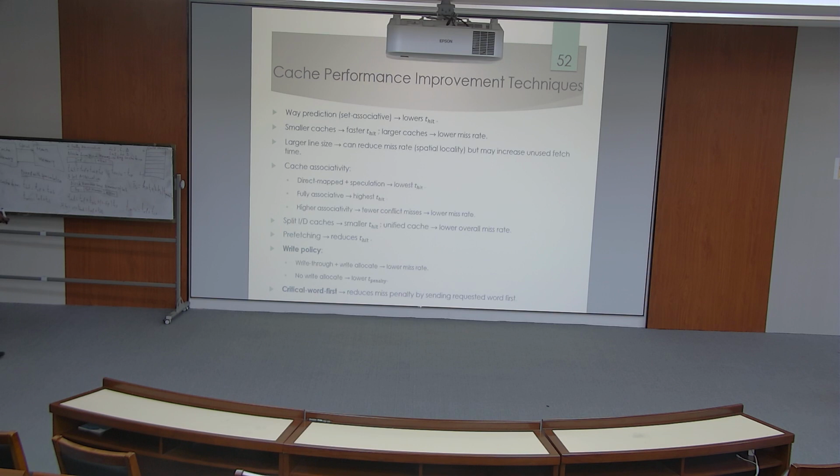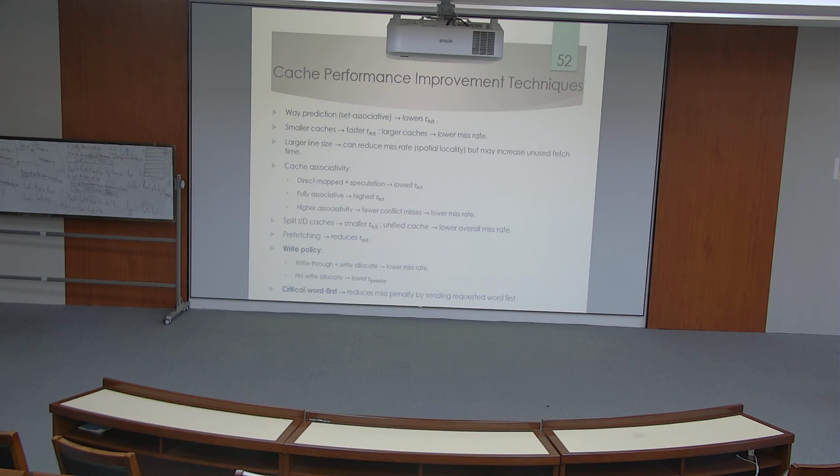Higher associativity lowers conflict misses, which are observed while using the direct map, because a block from the main memory needs to be loaded into a specific cache line. That means more than one block from the main memory is competing for the same cache line, so with higher associativity we lower the conflict miss.